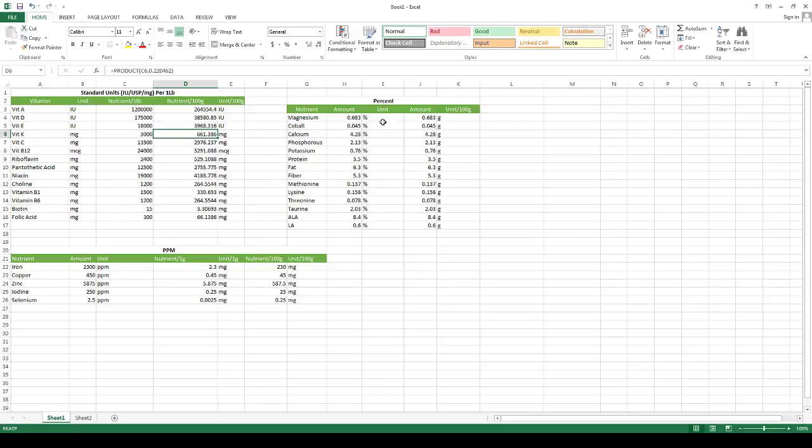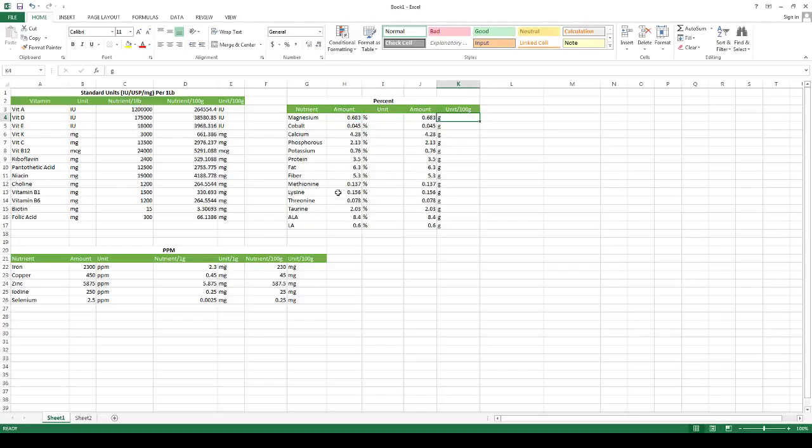Okay, so moving on to the percents. The percents are super easy, especially when we're working with 100 grams. That's why, generally speaking, I default all of my math for a label to 100 grams to make it uniform across the board. When you're working with percents, it just translates straight over. So there's 0.683% magnesium in this supplement. If you have 100 grams, you're going to have 0.683 grams.